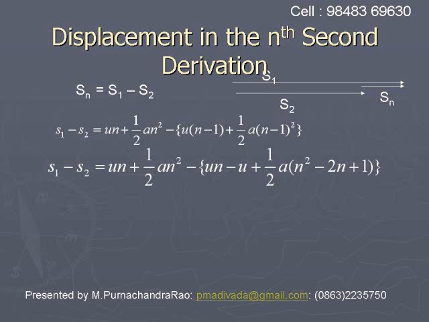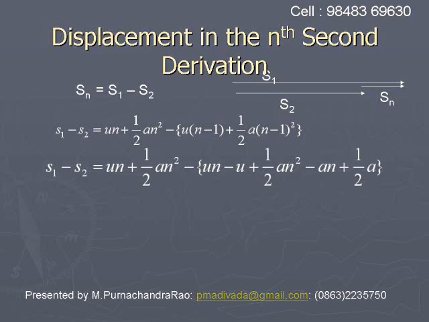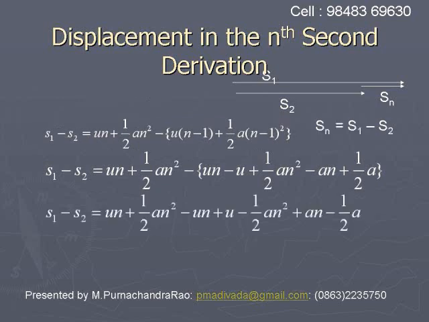S1 minus S2 is equal to un plus half an square minus [un minus u plus half a into (n square minus 2n plus 1)], which on simplification becomes un minus u plus half an square minus an plus half a.